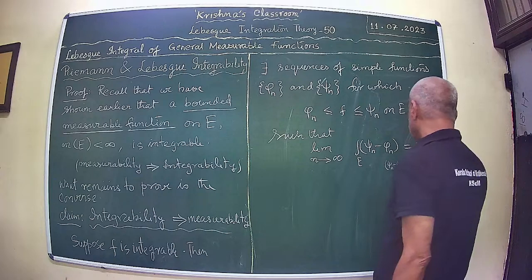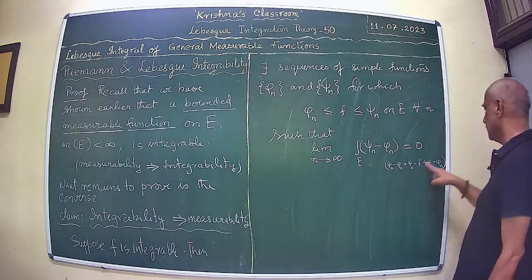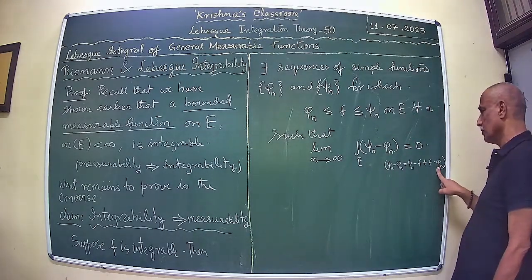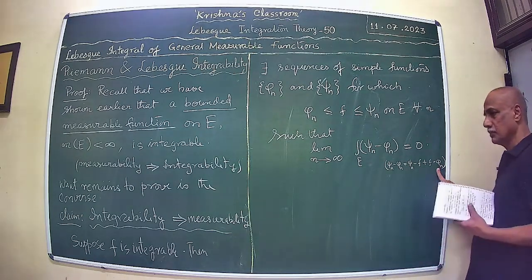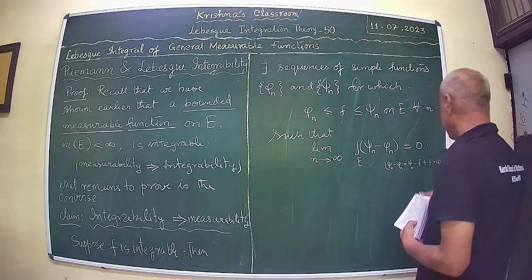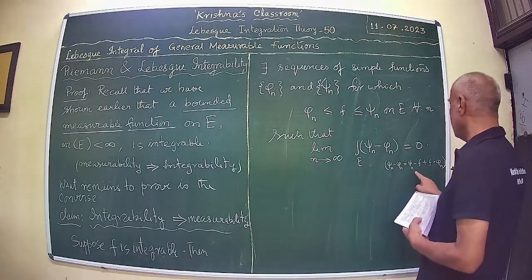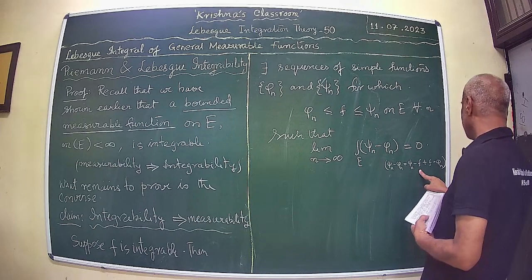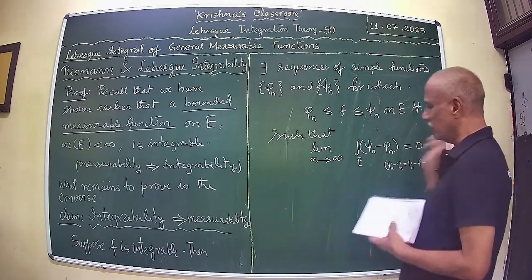Now integral of this is equal to integral of this plus integral of this by linearity, and then as n tends to infinity, this integral goes to 0, this integral goes to 0, therefore this goes to 0.